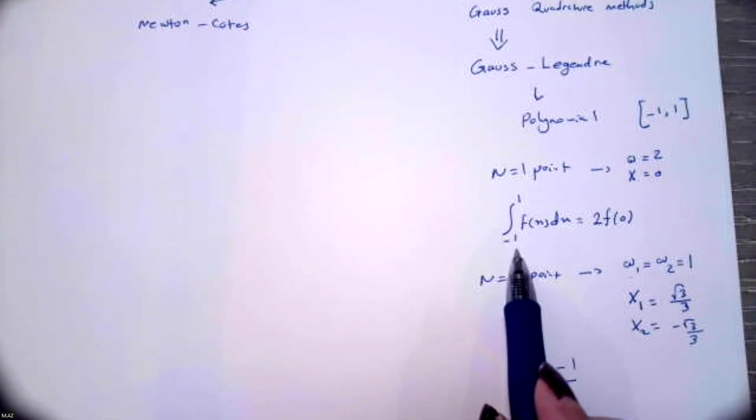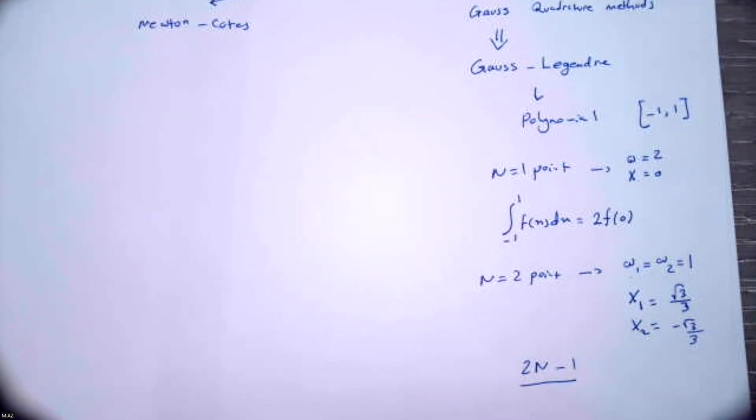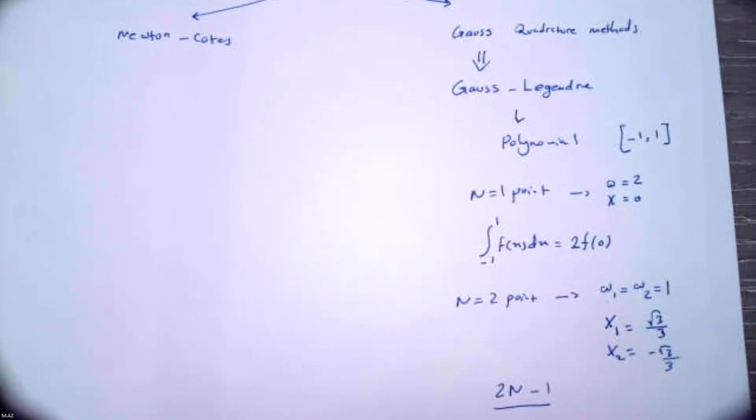But how can we apply the Gauss-Legendre rules for general intervals? We do a linear mapping.